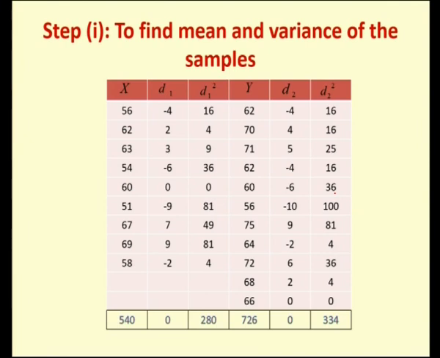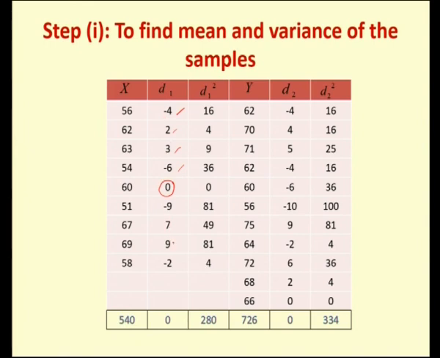So here, step 1, I am going to find out the mean and variance. Here I have got the values of x. I am taking the deviation about 60. Therefore 56 minus 60 will amount to minus 4. Similarly 62 minus 60 is 2, 63 minus 60 is 3, 54 minus 60 is going to be minus 6.